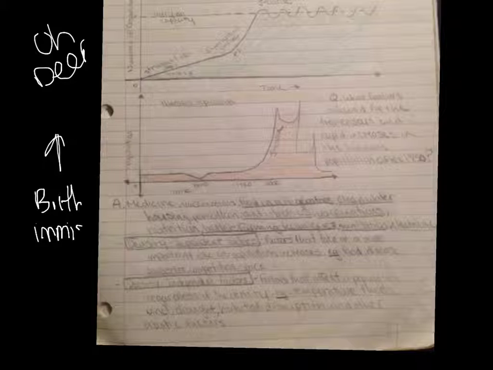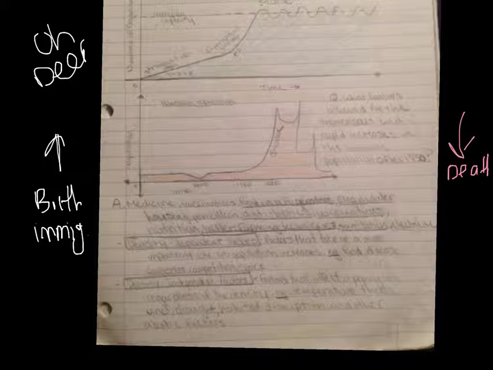We also focused a lot on populations, and this was especially pertinent in the Oh Dear lab. We learned that populations go up because of birth and immigration, and we also learned that populations go down because of death and emigration.